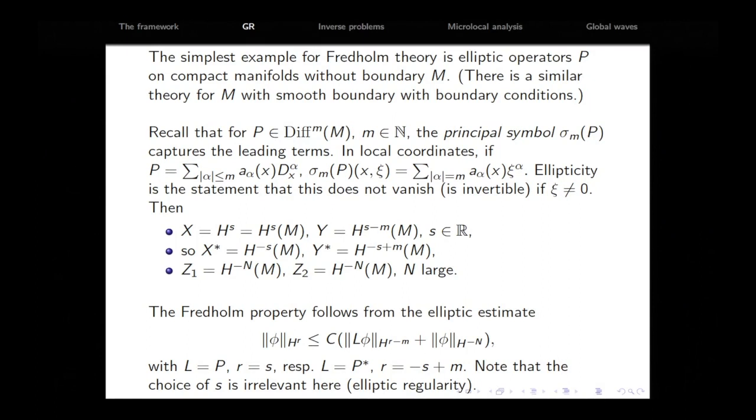And then the Fredholm property is really coming from elliptic estimates like this, applied to either P or P star. If one is elliptic, so is the other. And what you do is estimate a function in terms of this elliptic operator applied to it, plus the function in H with m fewer derivatives, modulo relatively trivial terms.